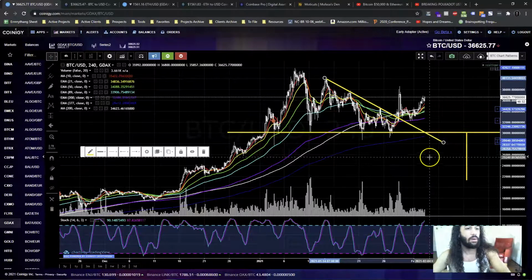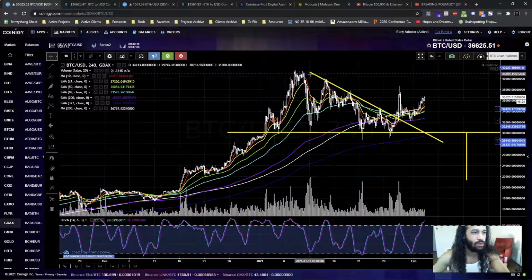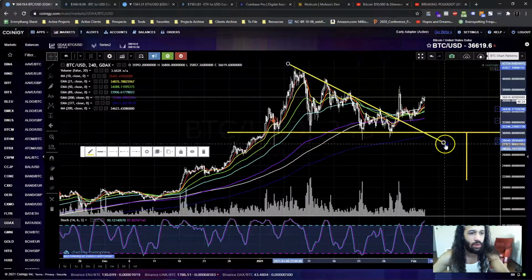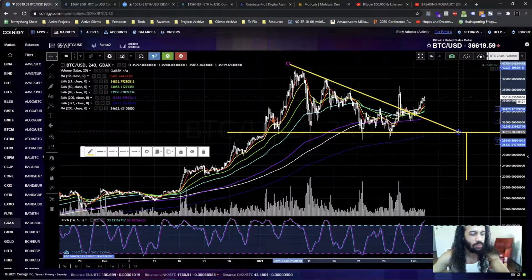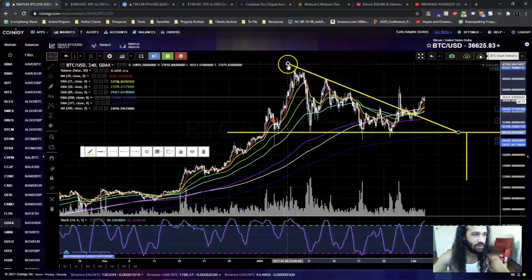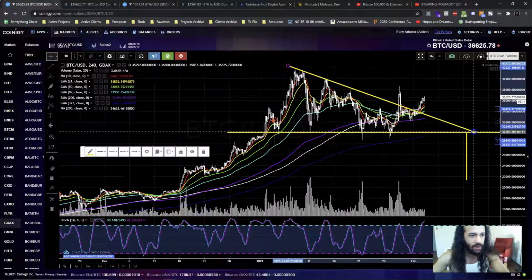And it eventually broke out of that one. Then you could draw in another one with a slightly steeper slope once it broke through that area, right? So now, let's just test the top, see how they look, and it's actually more dramatic out here.